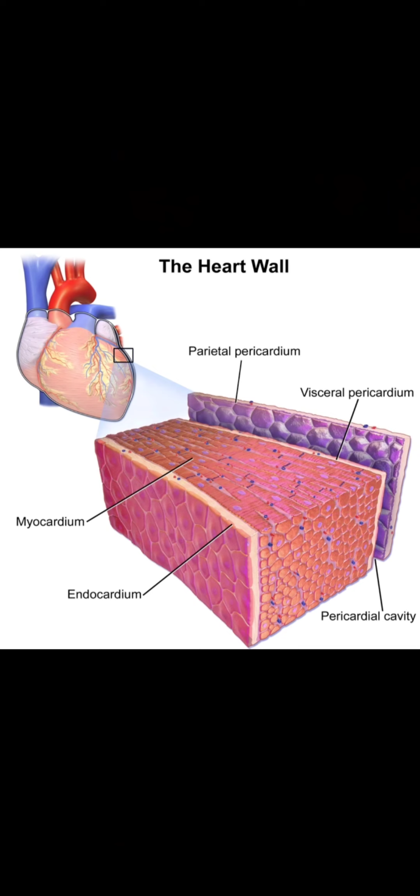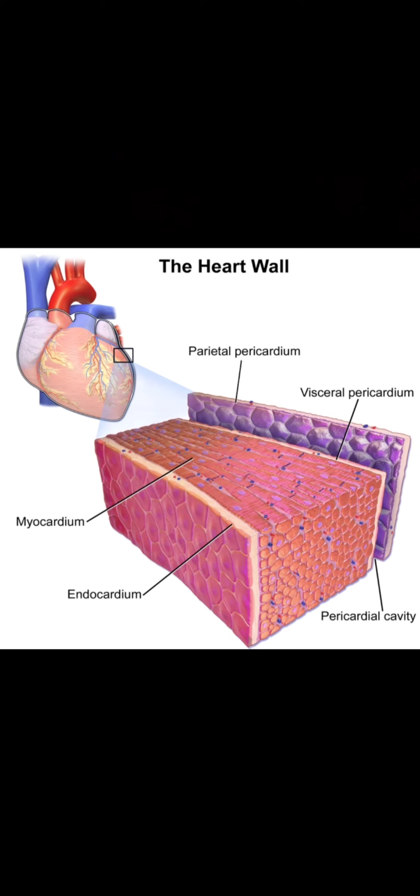And let's come to the layers of the heart. Our heart has 3 layers: epicardium, myocardium, endocardium. The epicardium is the external layer, the myocardium is the middle layer, and the endocardium is the inner layer.